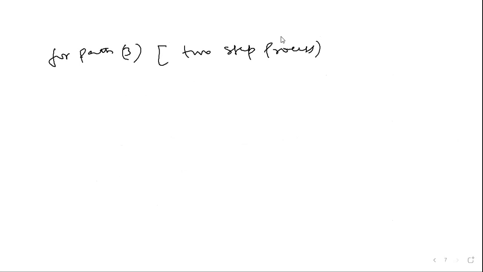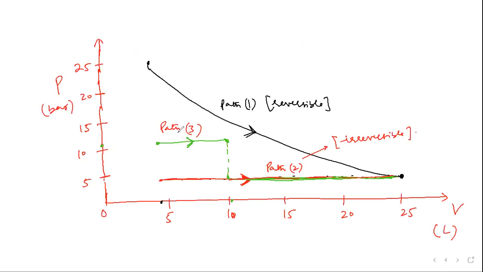Let me use another color. So W two-step. So we have to find the work. Remember, in a two-step process, the first expansion takes place at this pressure, then the expansion takes place at this pressure.